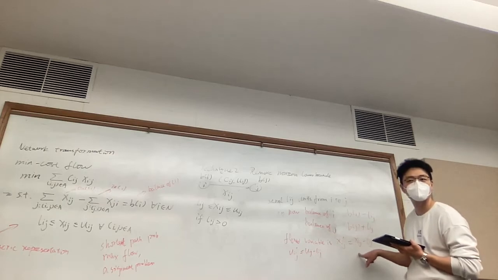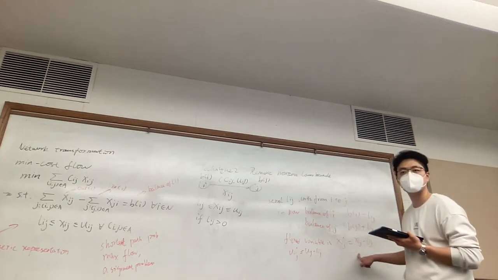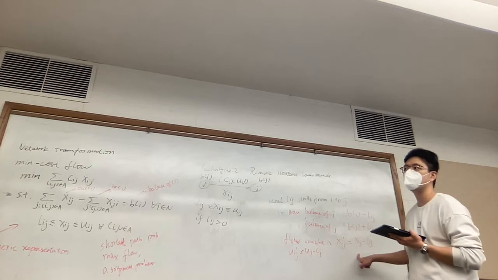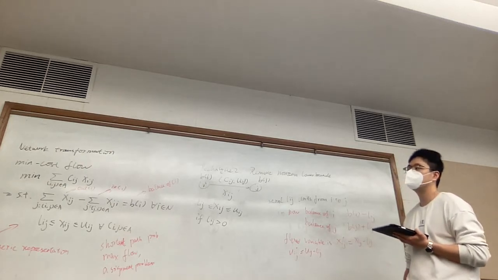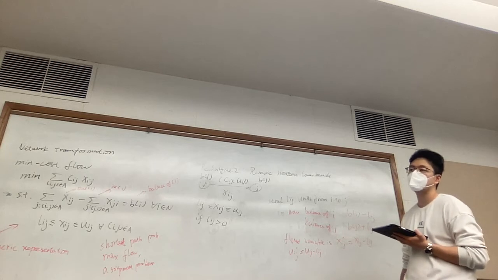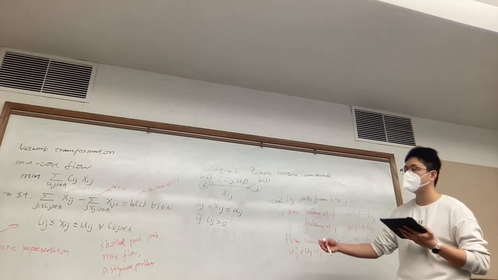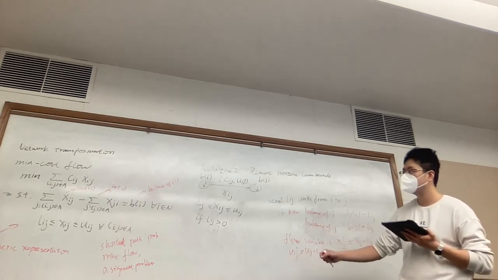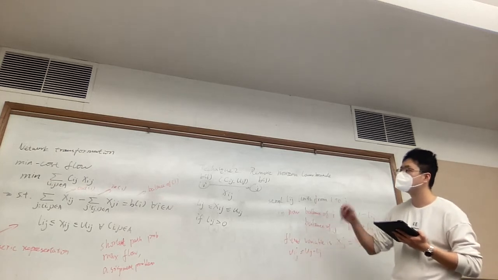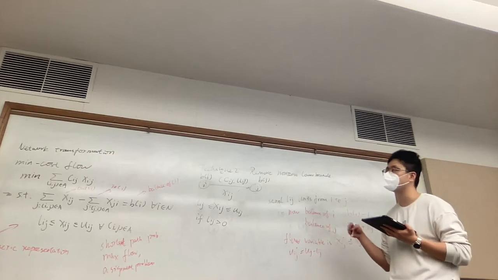Is that clear? If you have questions, please ask. This is very important. Based on my memory of this course, last year we encountered some problems saying, what if in the network we add some restrictions, say the lower bound of the flow is strictly greater than 0?